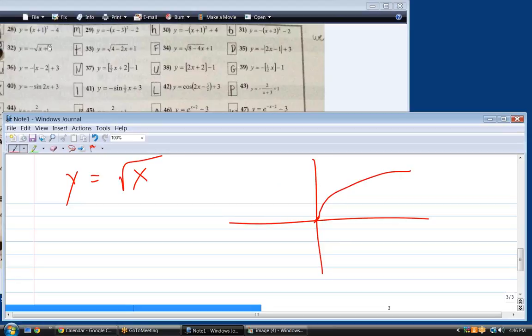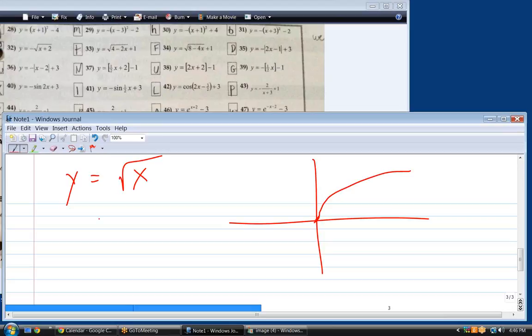Okay? So what's being done to this? It's being reflected over the x-axis and moved up to. Not up to. Oh yeah, to the left too. Plus 2 is inside the function.